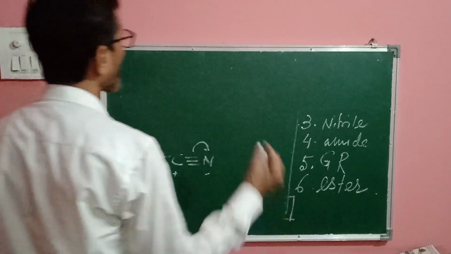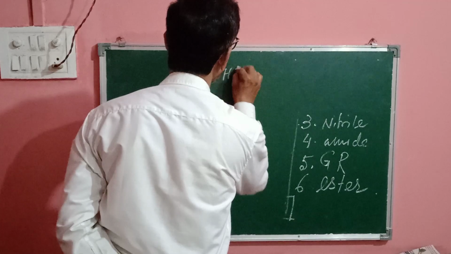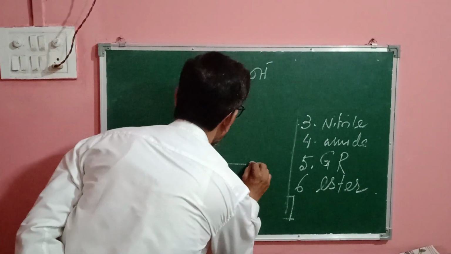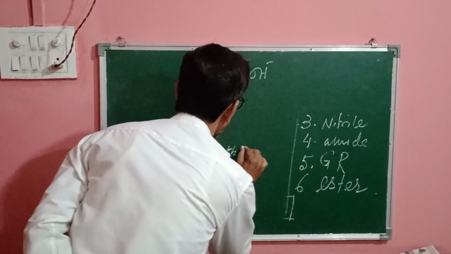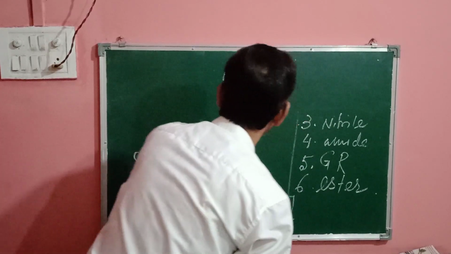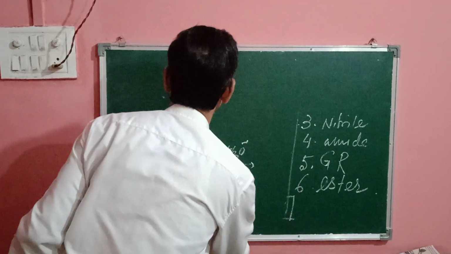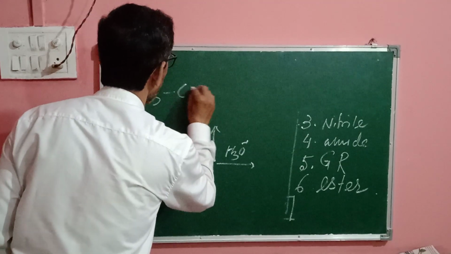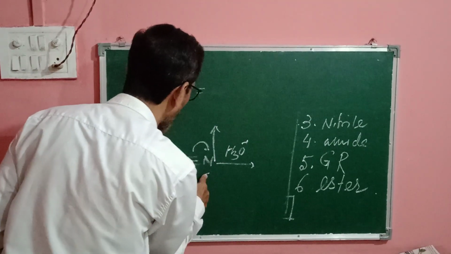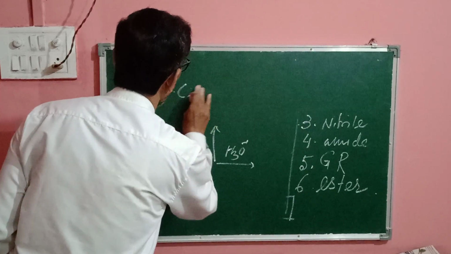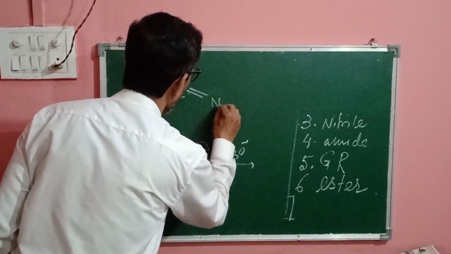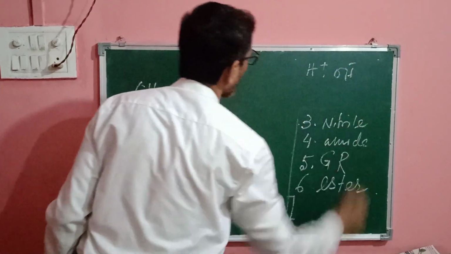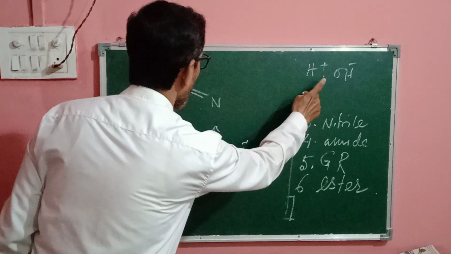In acid hydrolysis, in the presence of acid, water is broken into H plus and O negative. CH3, C, the bond has been withdrawn here, it has become minus, and this is plus, along with nitrogen minus. So water has broken into two parts, O negative and H plus.